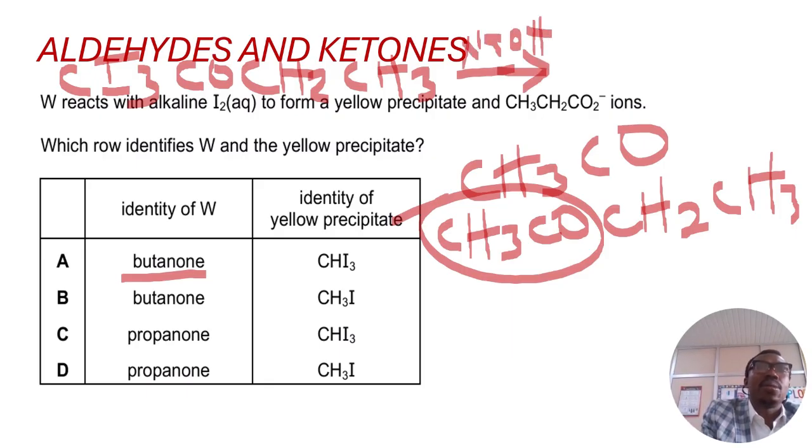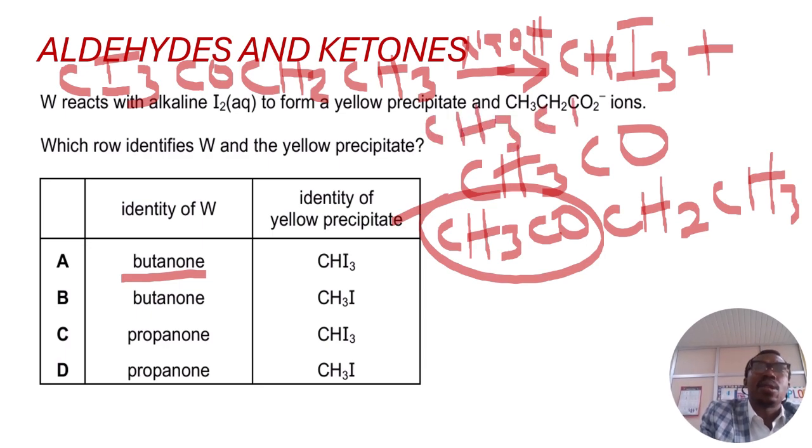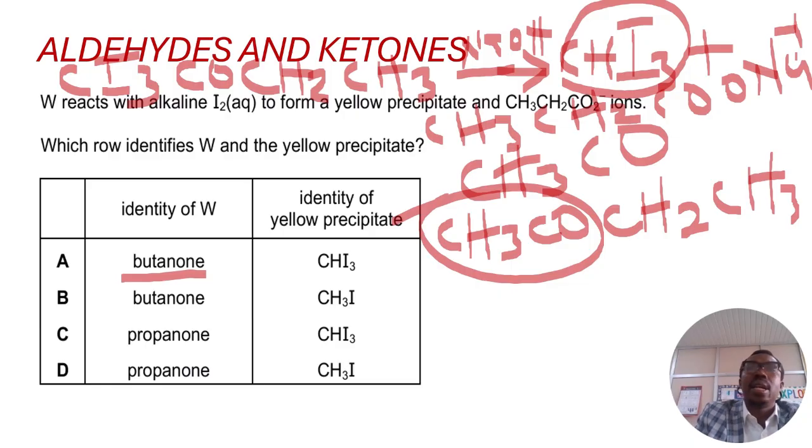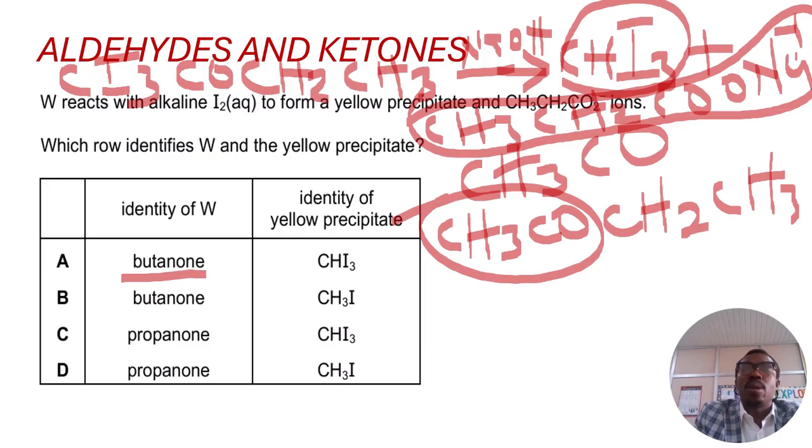You are going to get CHI3, which is triiodomethane, plus CH3CH2COONa, sodium propanoate, the sodium salt of the carboxylic acid.